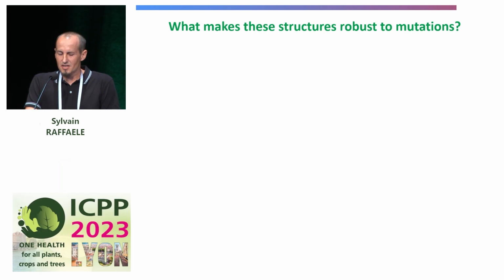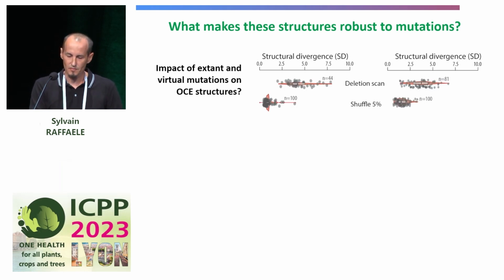So the question then was, what makes this structure robust to mutations? To answer that, we performed virtual mutations and predicted structures of these virtual mutants. We did that in different ways, either mutating amino acids one by one, such as through deletion scans, or mutating several amino acids at the same time.